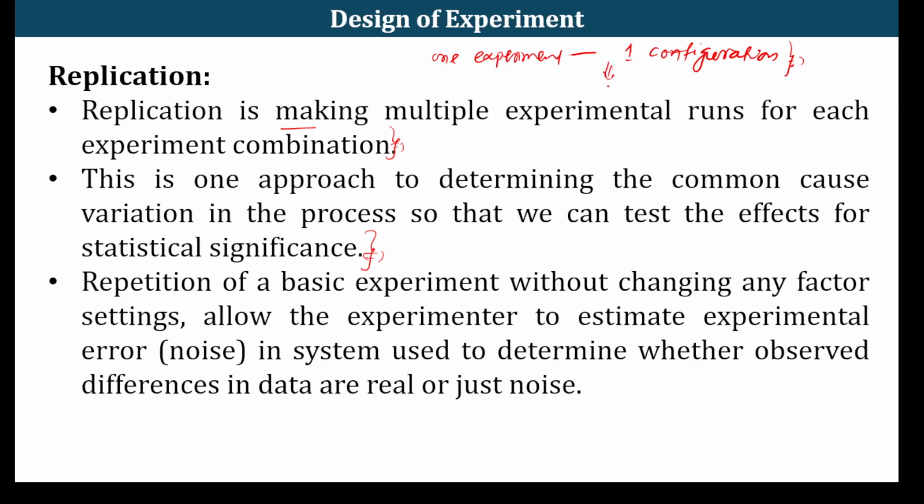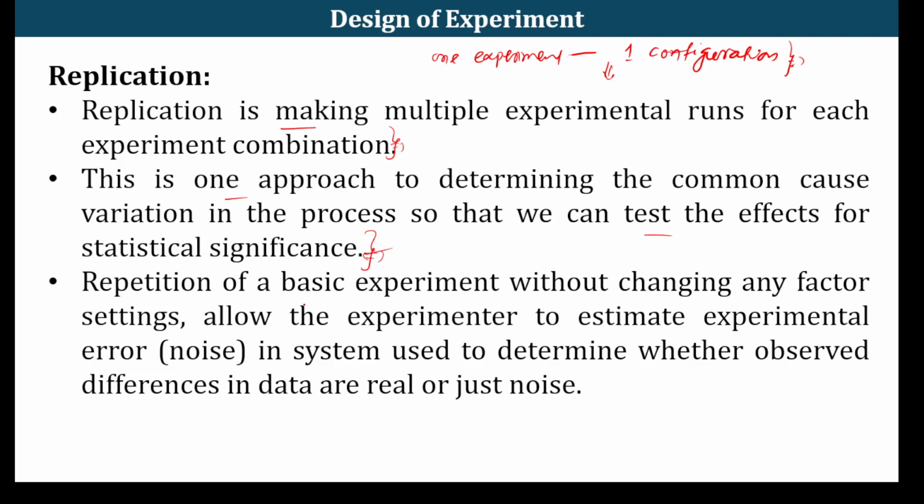In the second case we are going to validate the first experiment, then in the third case we validate the first experiment itself. This is one approach to determine the common cause variation in the process, so that we can test the effect of statistical significance.